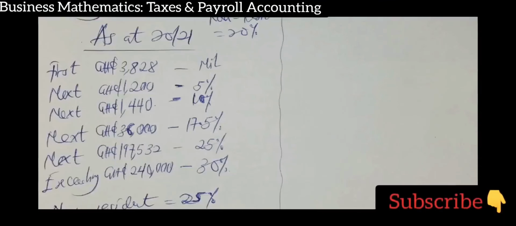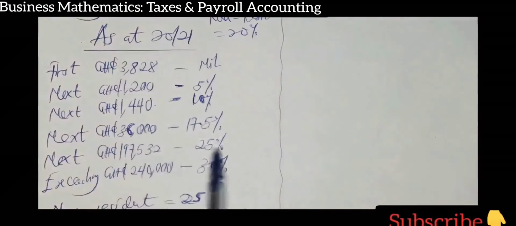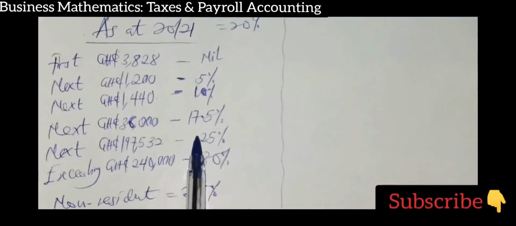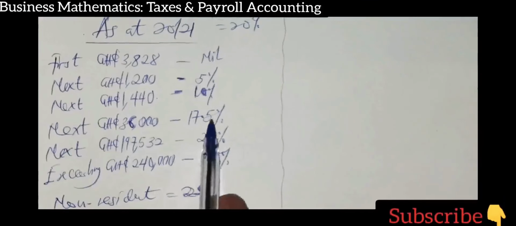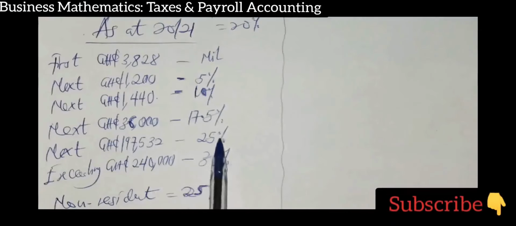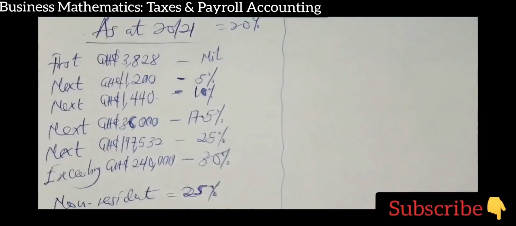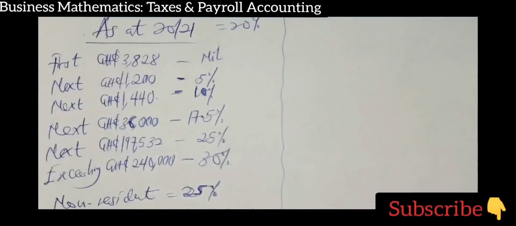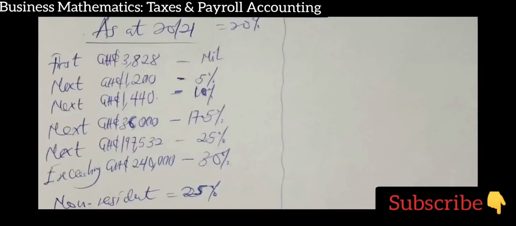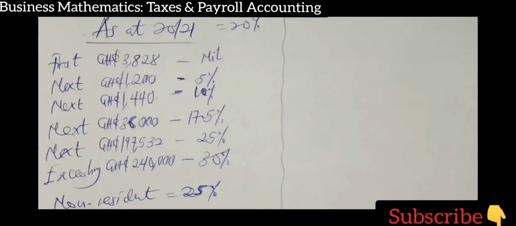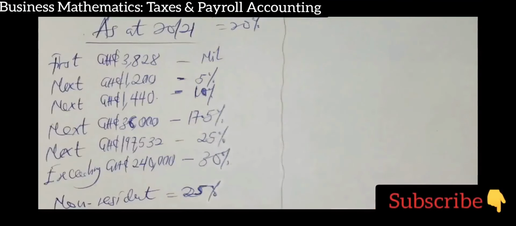So you will always be given these tax rates. Currently these are the tax rates applicable on income. So you will be given these income tax rates and expected to apply them if you have a personal income question where someone earns an income. We expect you to apply this, then you solve.